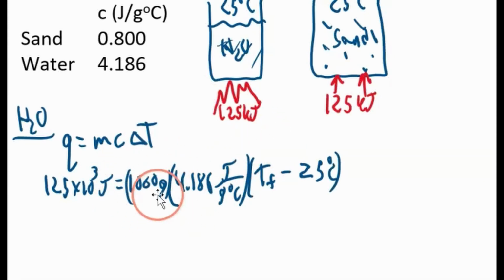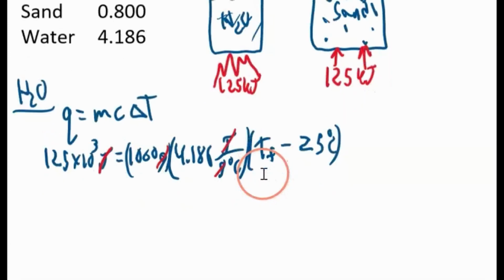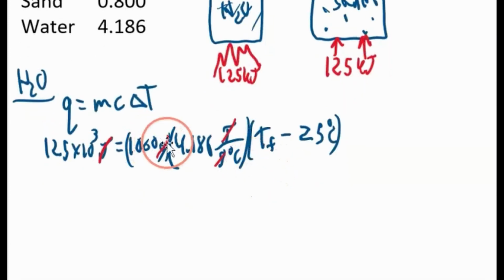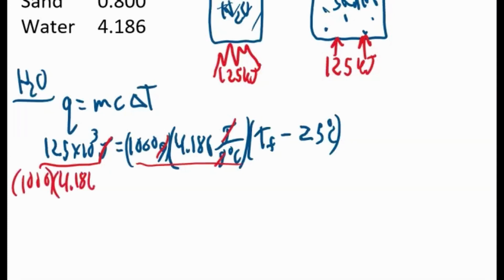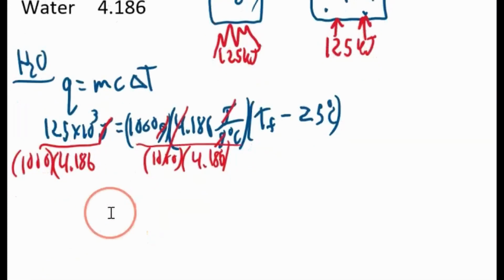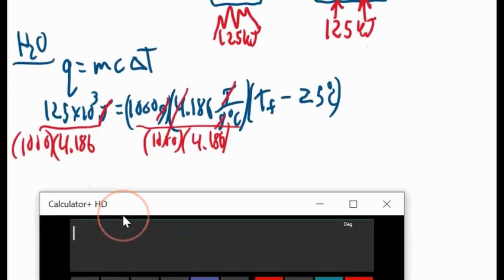Okay, so joules cancel and grams cancel, and our temperature will be in degrees Celsius. I'm going to take this number and divide by 1,000 times 4.186, so that this cancels out, and we'll simplify it a little bit.